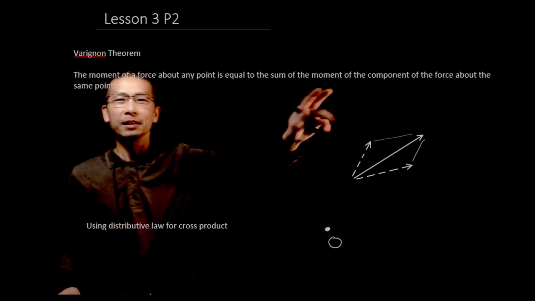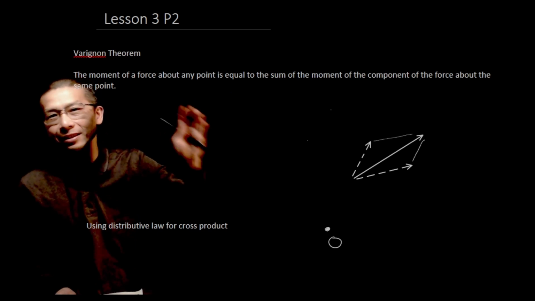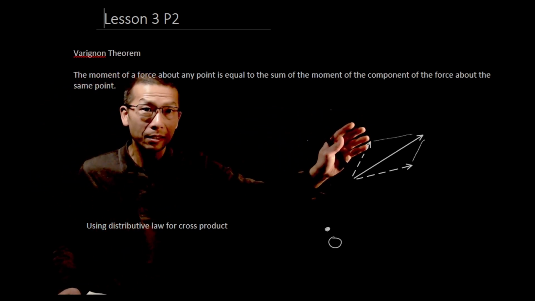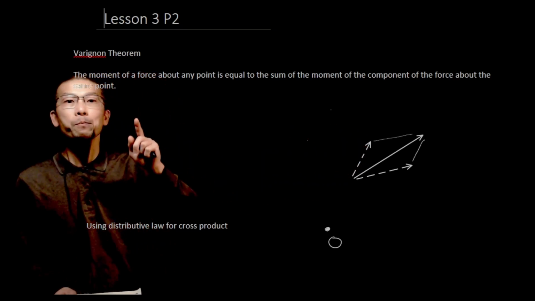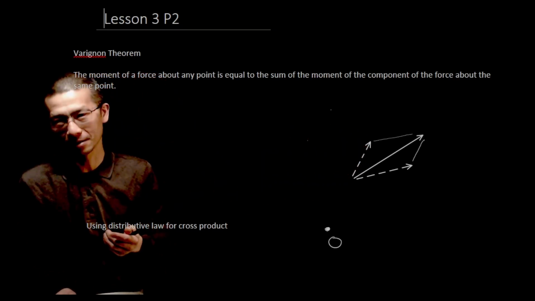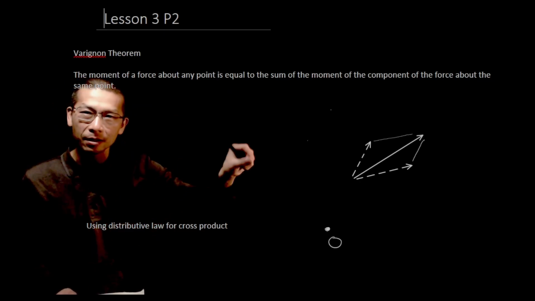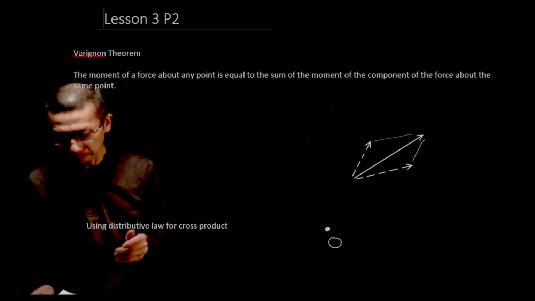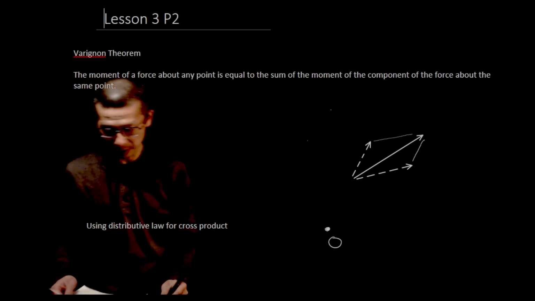Anyway, so again, the moment of a force about any point is equal to the sum of the moments of the components of the force about the same point. What does this mean? Instead of reading this, let's try to understand this geometrically. Okay, so let me draw this first.